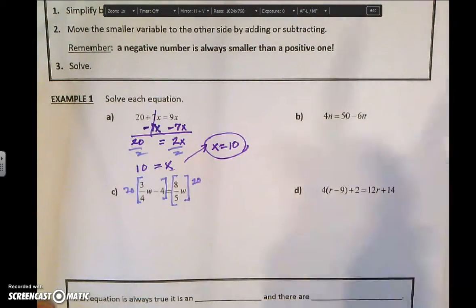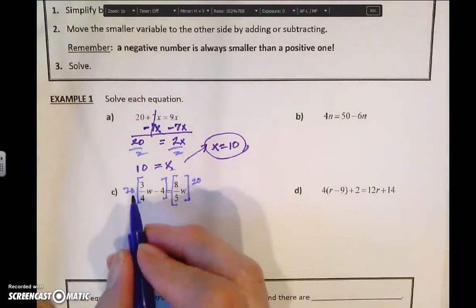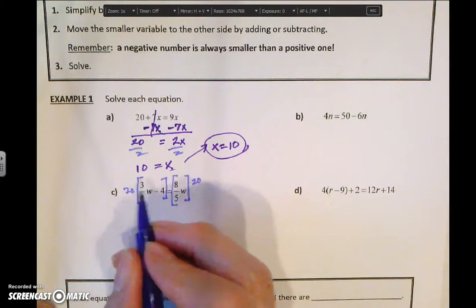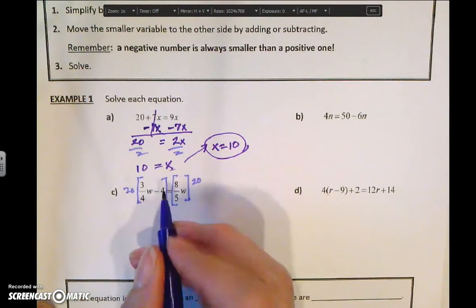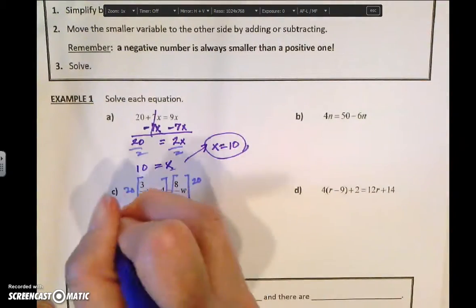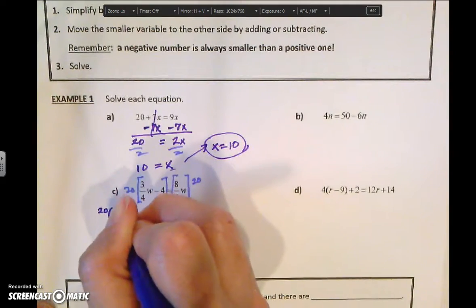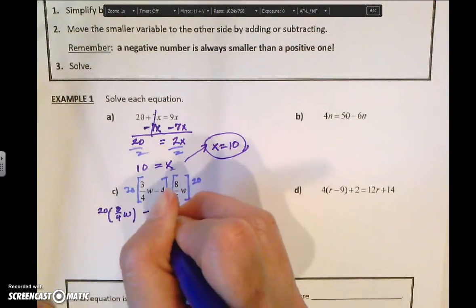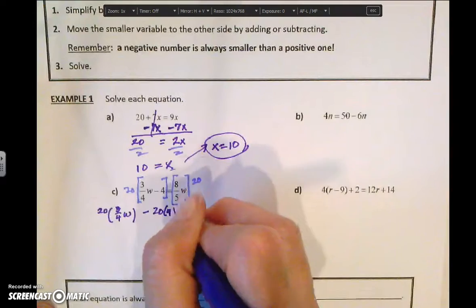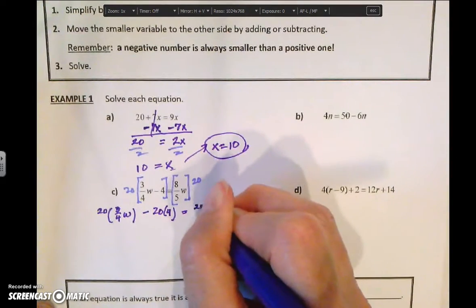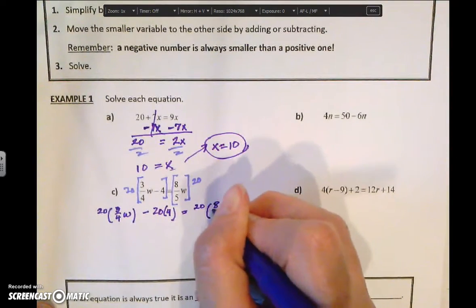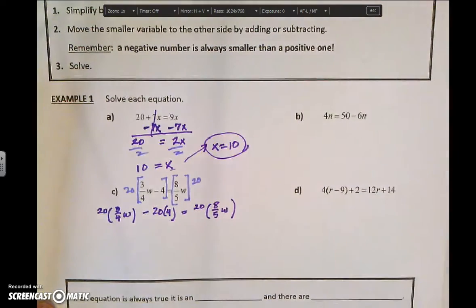Now, I know I'm not going to have much space here, but I want to show all these steps. I will then distribute my 20 to both the terms inside that parentheses on the left side. So I will have 20 times 3/4 w minus 20 times 4 is equal to 20 times 8/5 w.